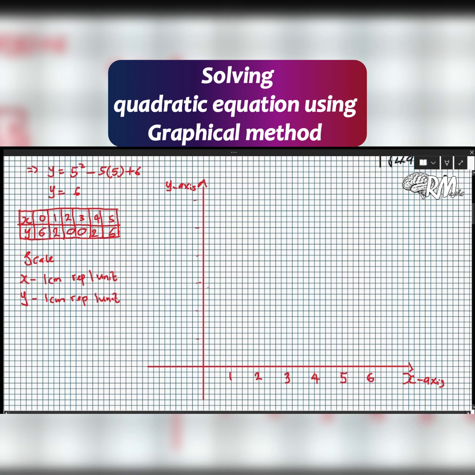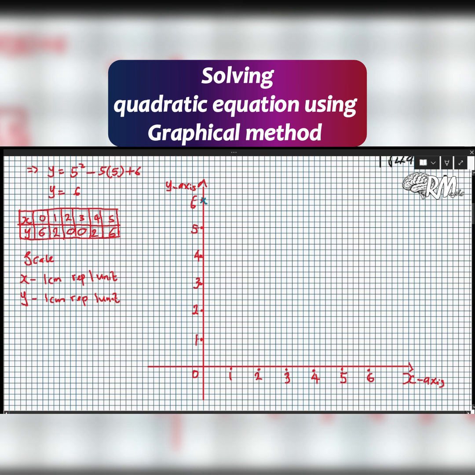Now at the y-axis we also have 1, followed by 2, 3, 4, 5, and 6. In the table of x and y, when x is 0, remember this is the 0 region for both x and y. So it says when x is 0, y is what? It is 6. So x is 0 and y is 6, so the point is here.